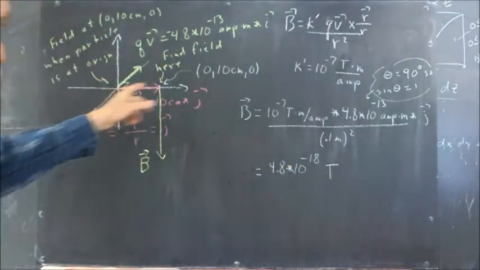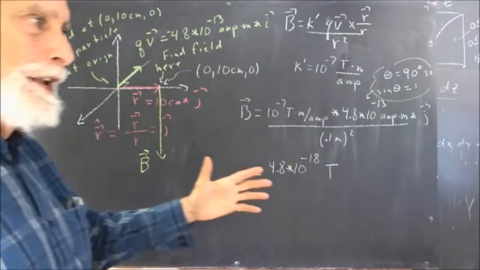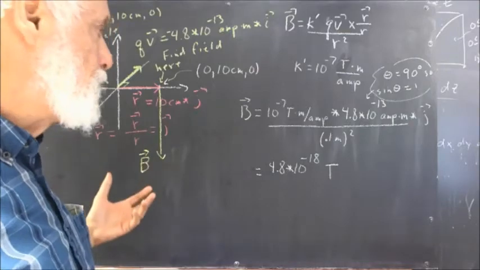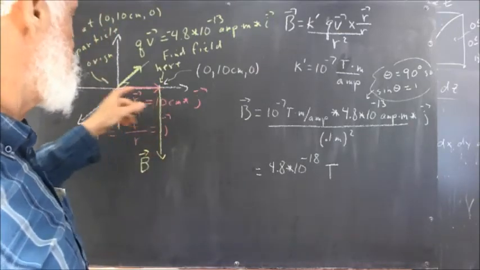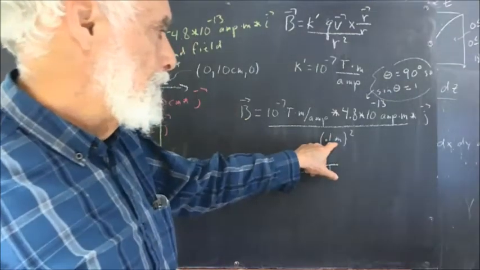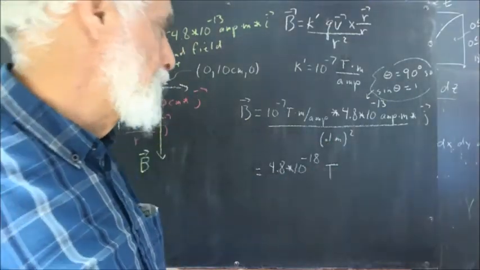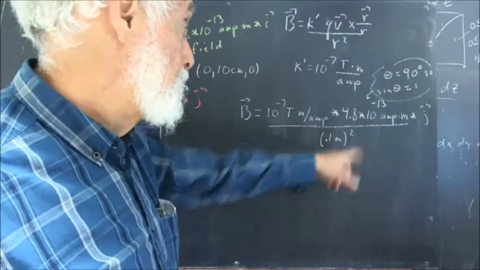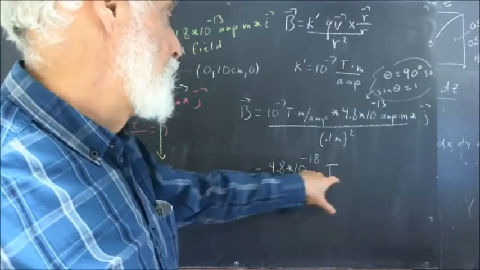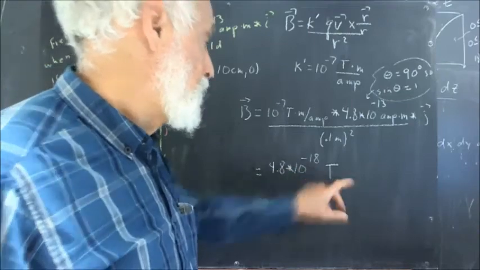At a distance of 10 centimeters, which compared to the subatomic scale is a huge distance. If we brought this down to, say, a micron, then we would have a factor of 10 to the negative 6th, squared, which would be 10 to the negative 12th, and that would bring us up to about 4.8 times 10 to the negative 4th Tesla.